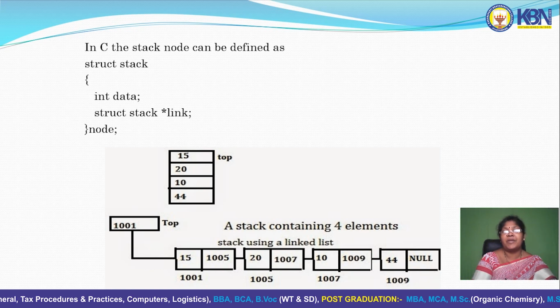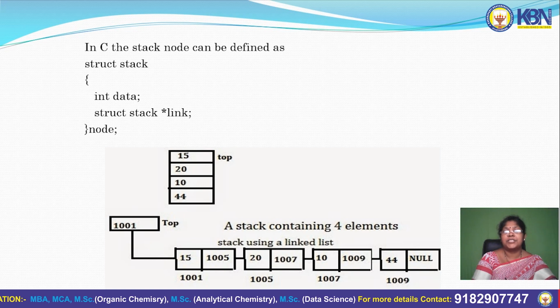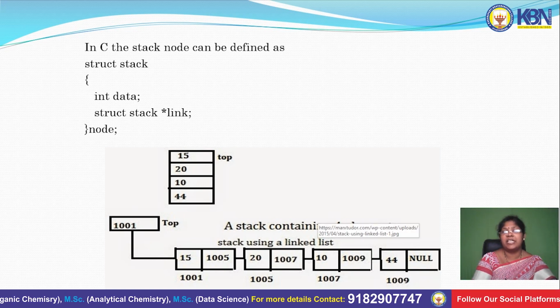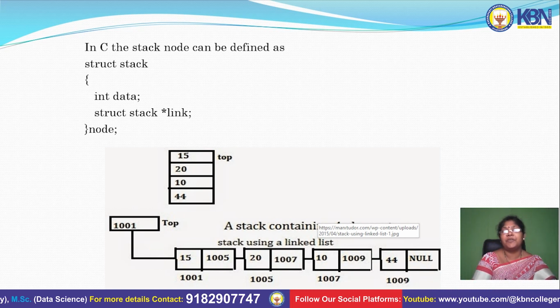So 44 will get the null. Why? Because 44 doesn't have a link element. 44 is the first element. Then after that, next element, next element, next element. By using a linked list representation, we can give the link between these elements. The elements will be stored whenever and wherever, but it gives the link between those elements.